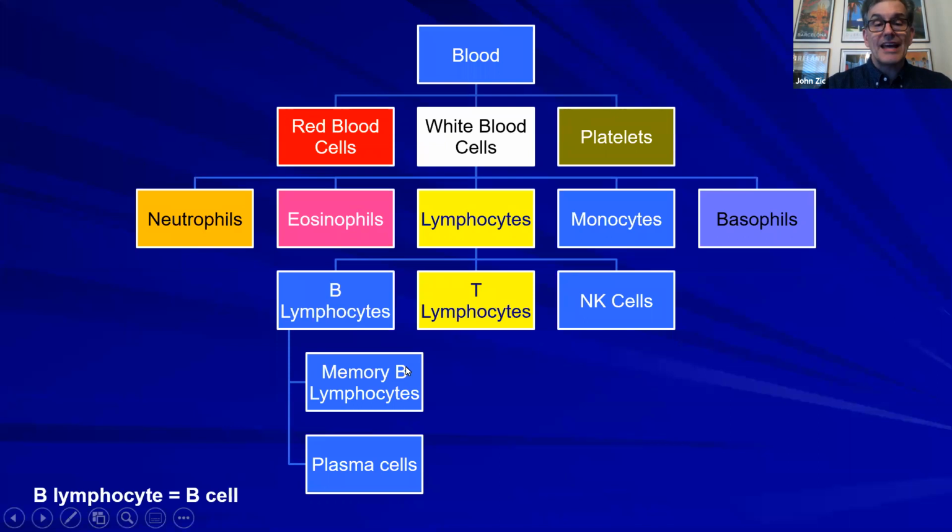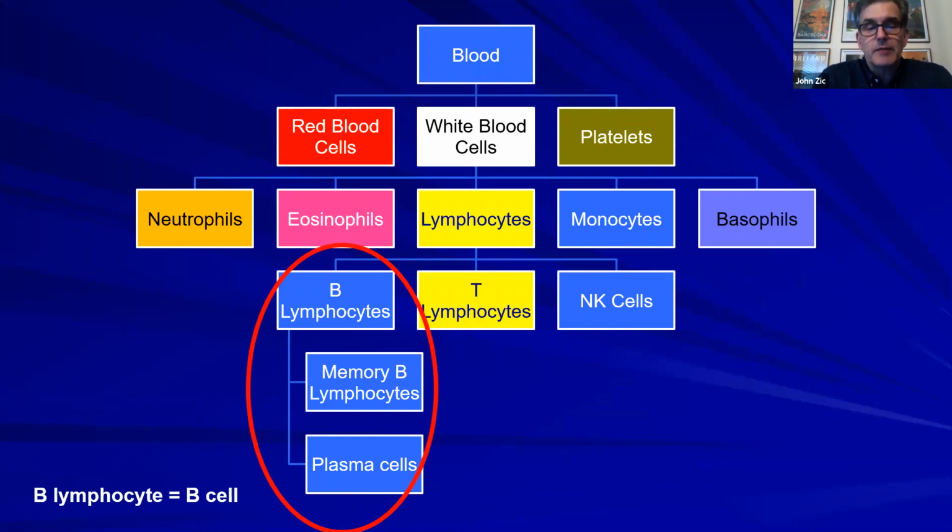There are two major types: the memory B lymphocytes and the plasma cells. Together, they make up our B lymphocyte population. What's interesting is that the memory B lymphocytes develop either early on in our development as a fetus and as an infant, but can also develop in response to an infection.